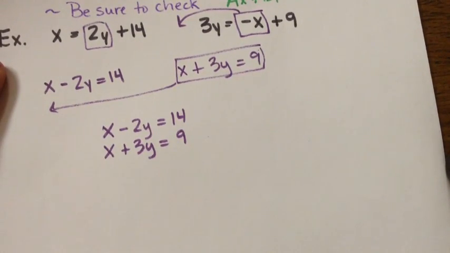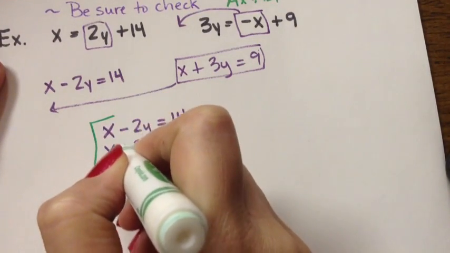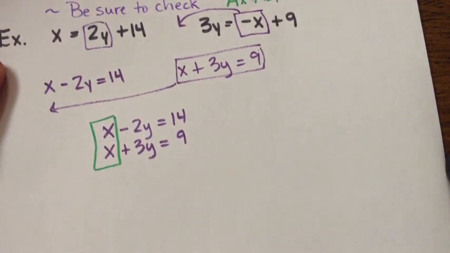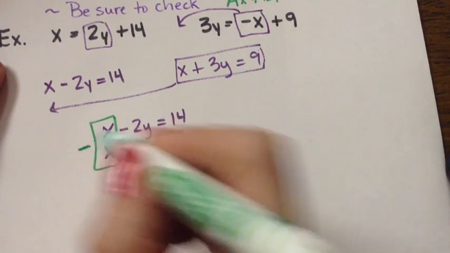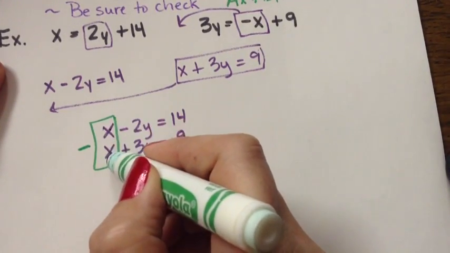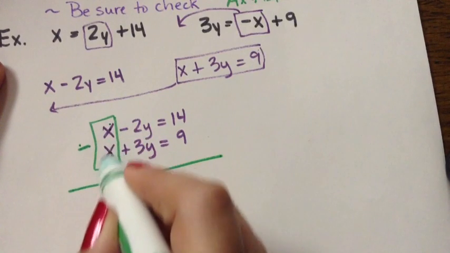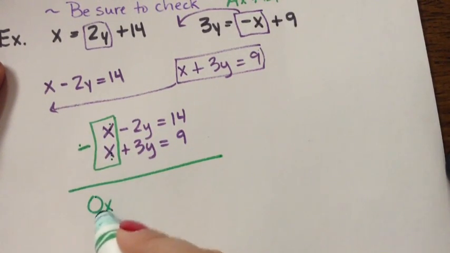So hopefully you see that these 2 variables, my x terms, have the same coefficient, a coefficient of 1. So I want to eliminate them, and I'm going to do that by using subtraction. So really I'm going to subtract x from x, x minus x. So x minus x is 0x, and we don't write that, so it's really nothing.